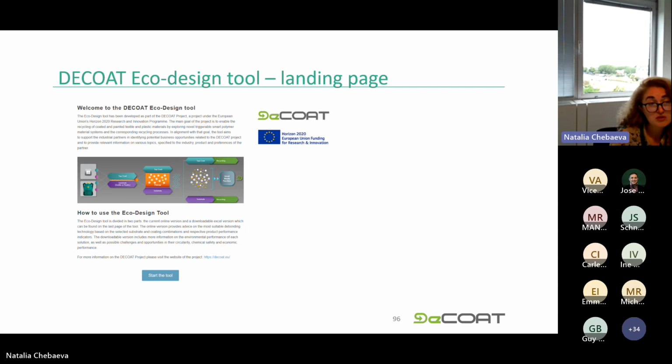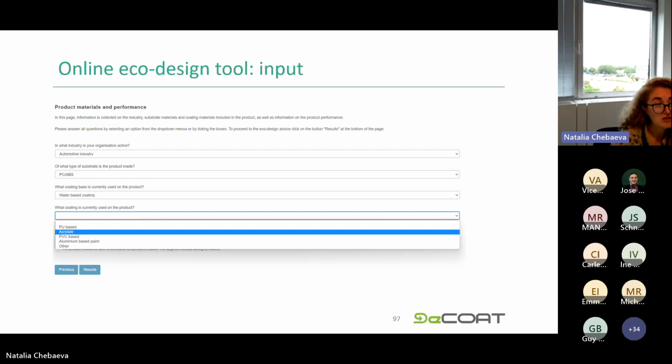The first is the online tool. This is the landing page that gives a short introduction to the tool. Here are the very simple inputs of information that we ask from the user, hopefully from the position of an industrial partner: the industry, the substrates, the coating, and the additional performance indicators.